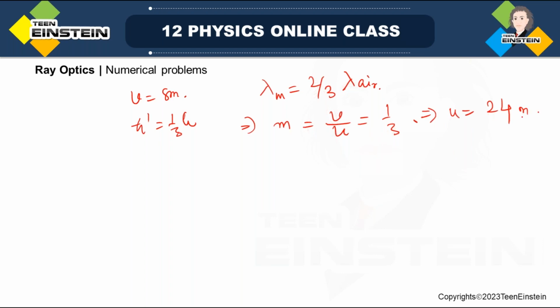Now what we know is the lens formula: 1 by f is equal to 1 by v minus 1 by u. Here u is with the minus sign, so u will be minus 24. So this is positive 24.